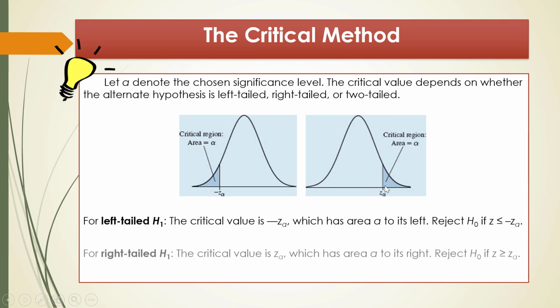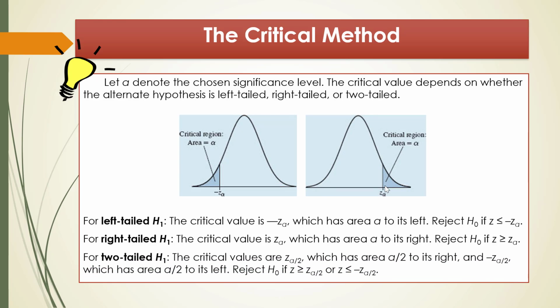And if we have a two-tailed test, then we have two values, z alpha half and minus z alpha half. If the test statistic falls into either tail, we reject the null hypothesis. Otherwise, we do not reject the null hypothesis.